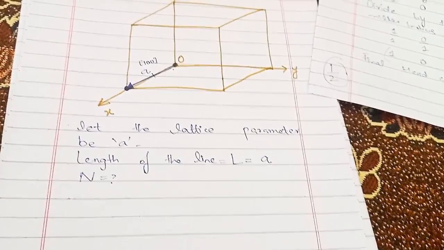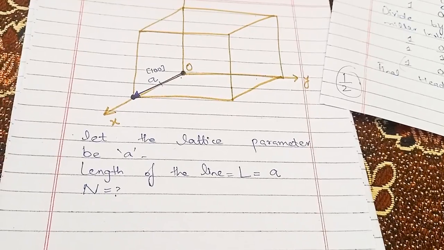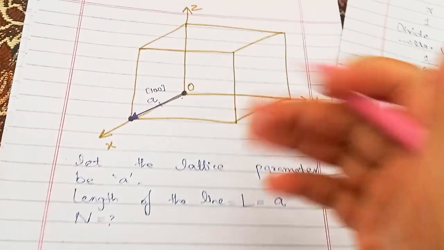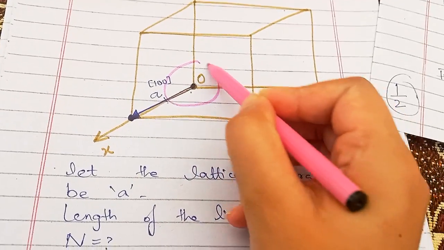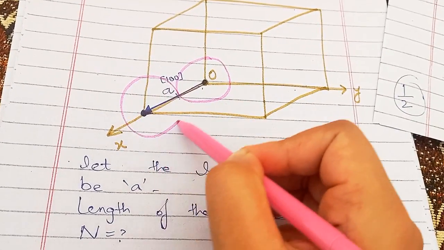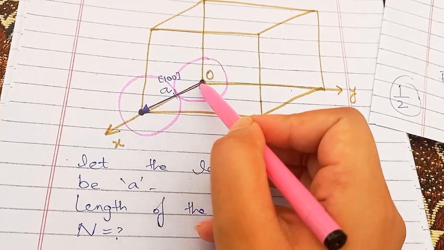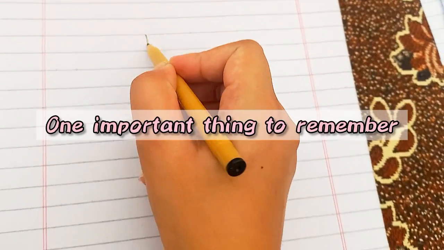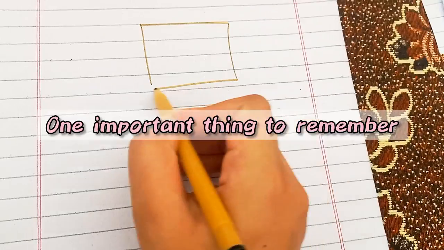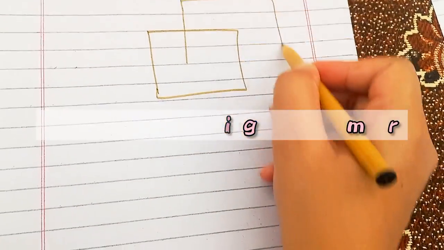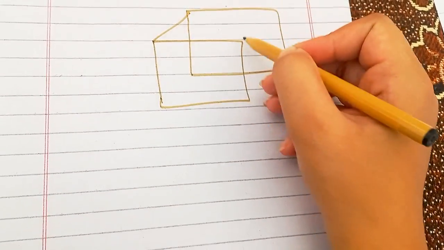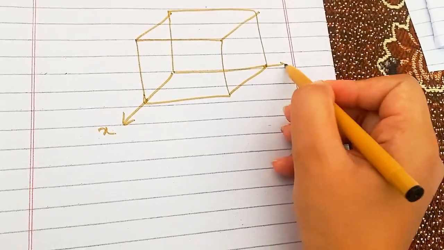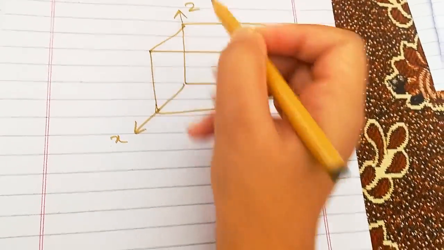We need to calculate it, and for that purpose let's draw the atoms that we know are here. There will be one atom here and one atom here. In simple cubic, both of these atoms touch each other. Let me clarify it, because this will help you find the relationship between the lattice parameter and the atomic radius later on.